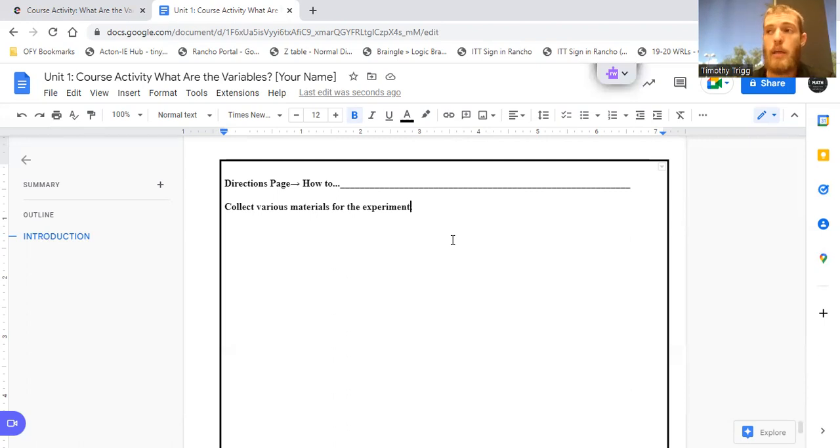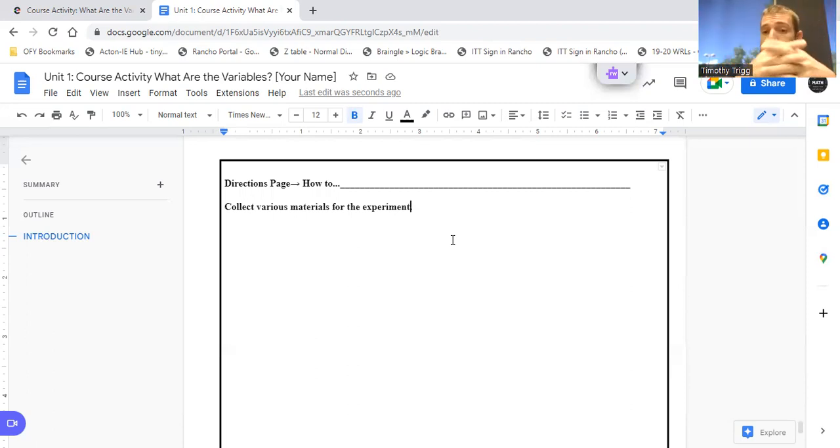Then what we're going to do is take 1 leaf in 1 cup and 1 leaf in another cup. In 1 cup, we're going to put just water. In the other cup, we're going to put vinegar. And then you're going to do the same for the paper clips. So 1 cup paper clip with just water, 1 cup paper clip with vinegar. Then the same with the eggshells. 1 cup with eggshell and water, 1 cup eggshell and vinegar.